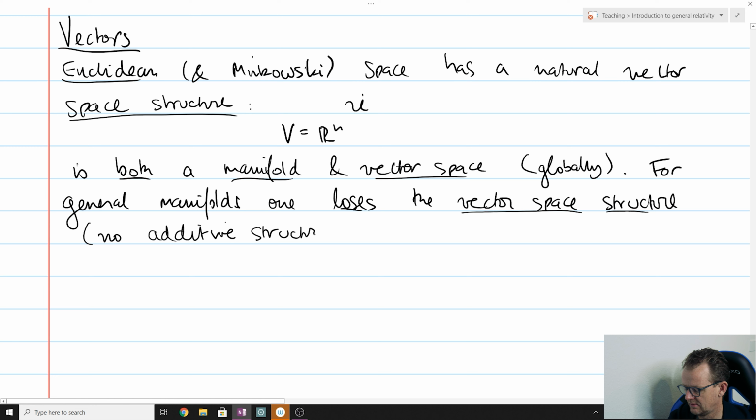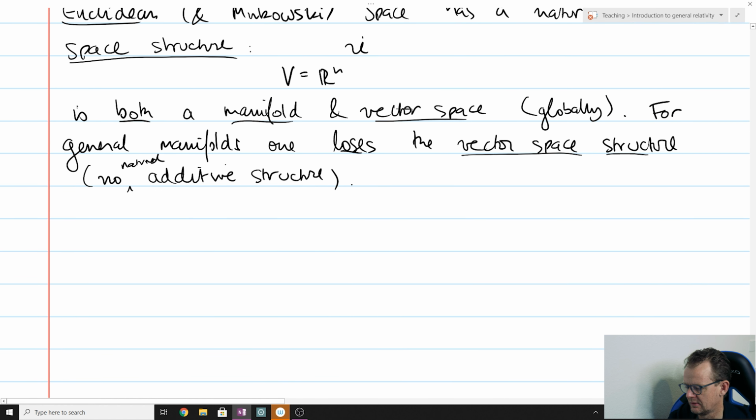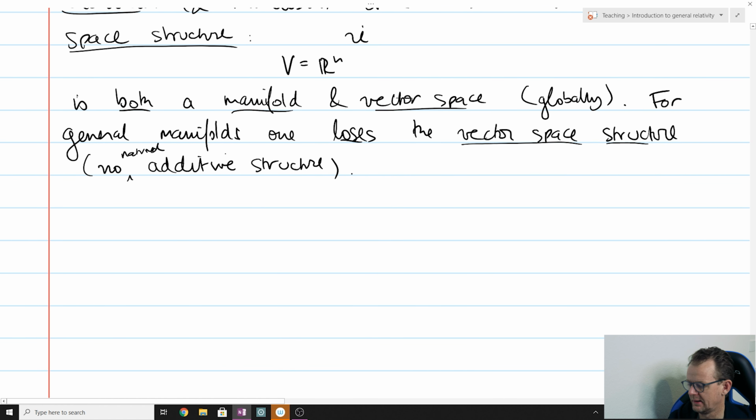You can think of a perverse way to add elements, but maybe I should just say there's no natural additive structure that inherits or smoothly deforms the vector space structure of Rn. And so one example is Sn, or even S2.